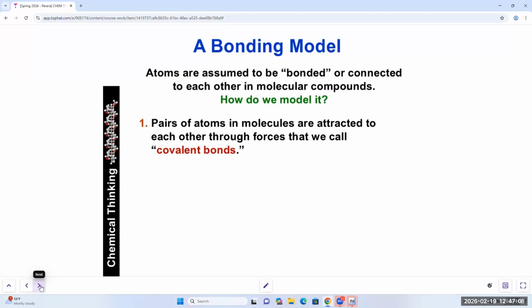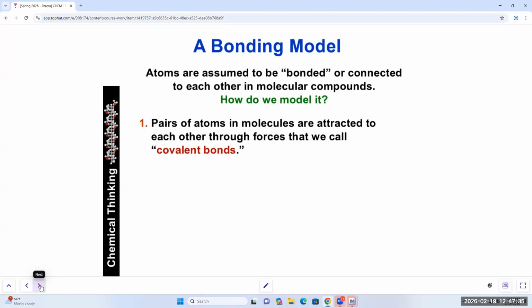Because these nuclei have the same positive charge, and the same charges repel each other, okay? However, they are not repelled, they still stay together. Why? The electron cloud in between the 2 atoms is attracted to each nucleus. As a result of that, they are held together by these electrons.